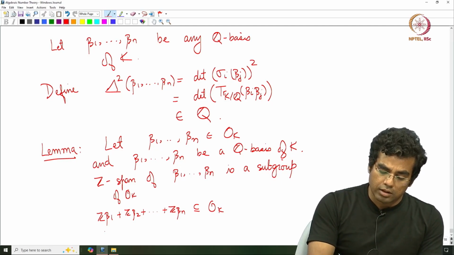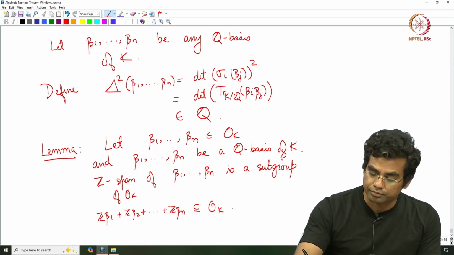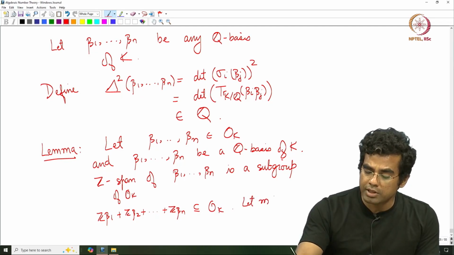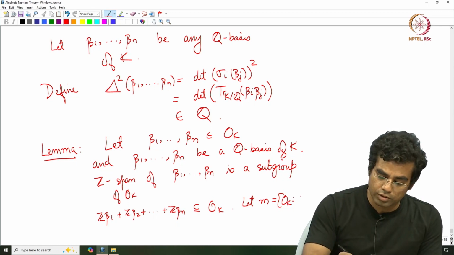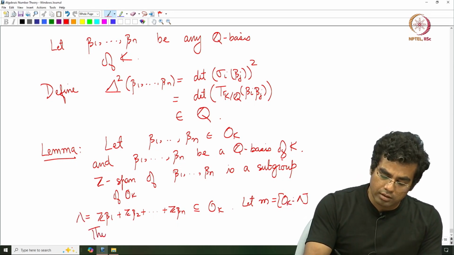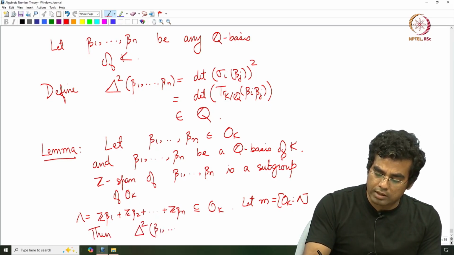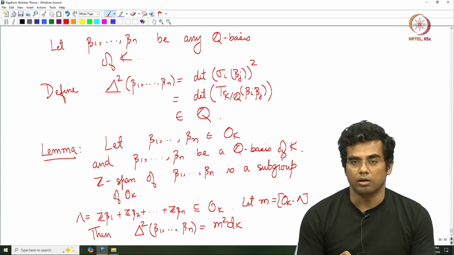And so, what does the lemma say? The lemma says, so let m be the index of this additive subgroup. So, let me call this lambda. Then lemma says that delta squared of beta 1 up to beta n, which is an integer now, is m squared times dk.